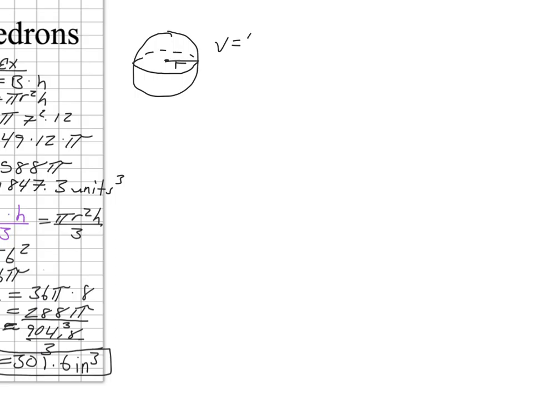It is 4/3 pi r cubed. Okay? 4/3 pi r cubed.